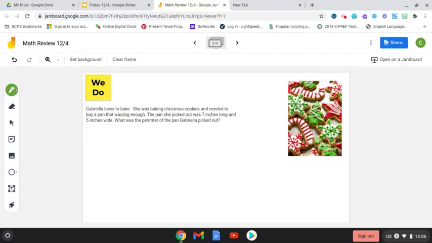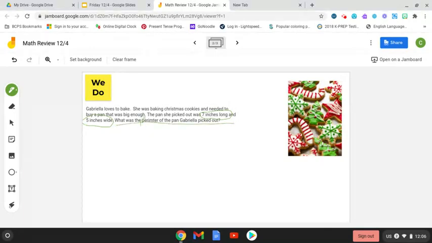Gabriella needs to bake, find a pan that's big enough. Now, that's great to know, but that's not going to help me solve the problem. So, here we go. 7 inches long and 5 inches wide. And they want me to find the perimeter.